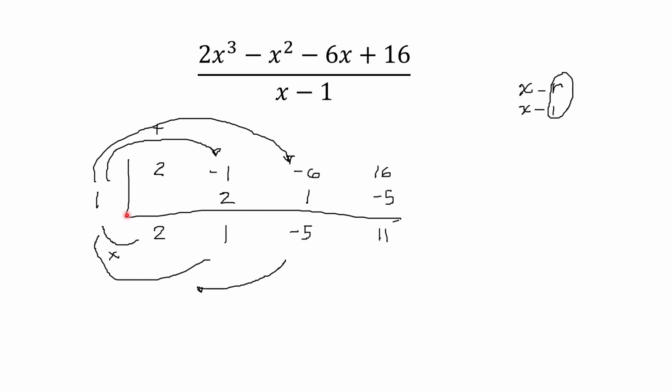So that would give us 2x squared, positive 1 degree lower than x squared, it's x. Next, -5, and the last number is the remainder 11. If you notice, we have the same answer as we did in the previous page.